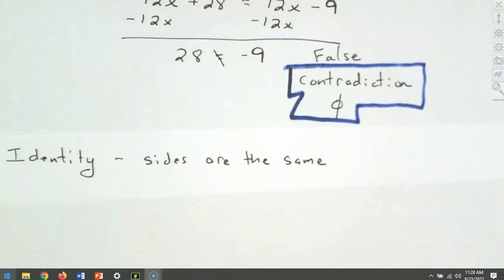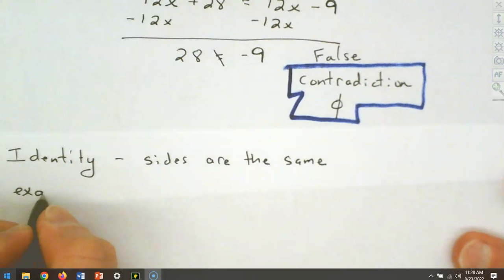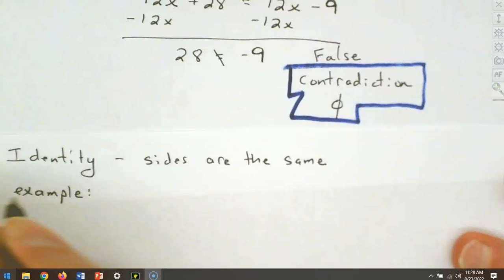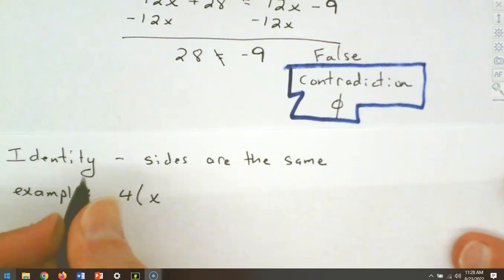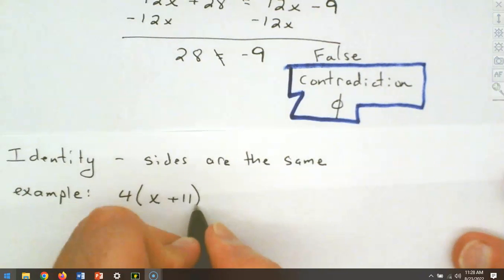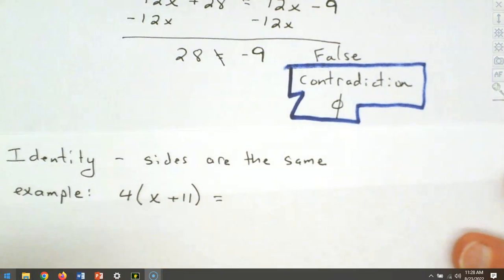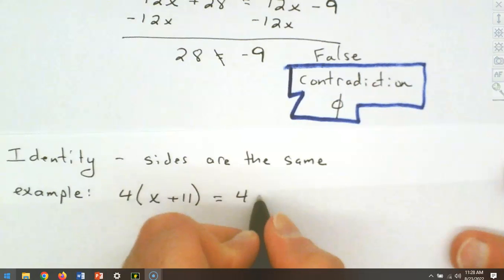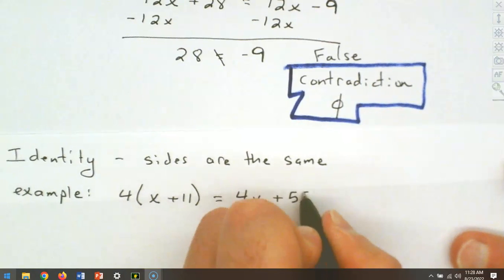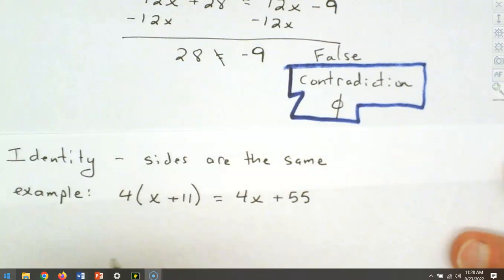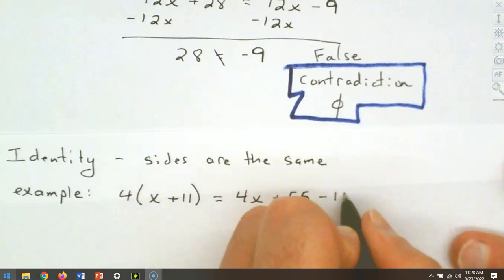So here's an example of an identity. How about 4 times (x plus 11) equals, how about 4x plus 55 minus 11.